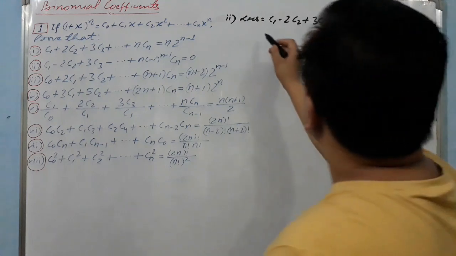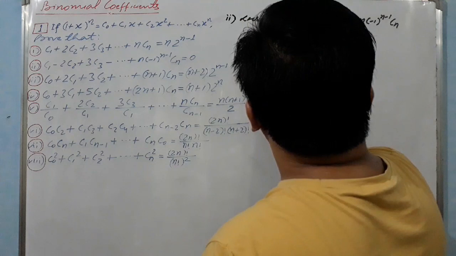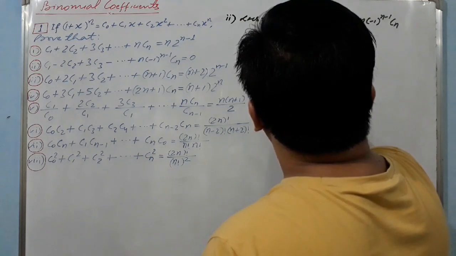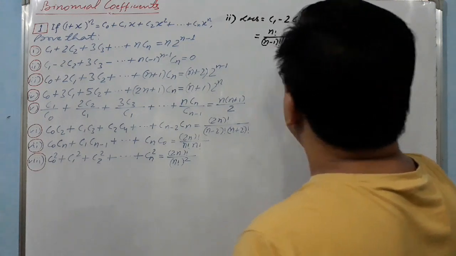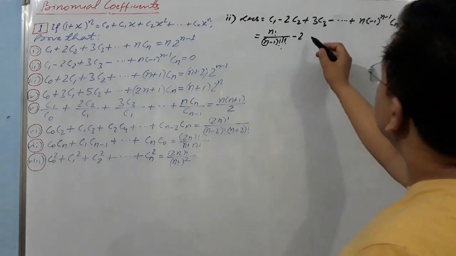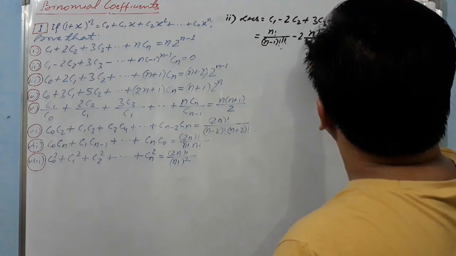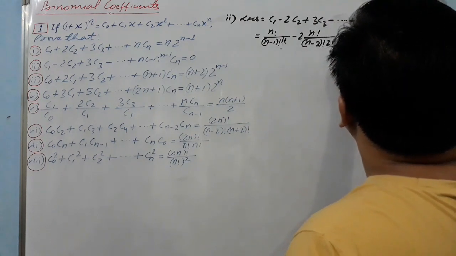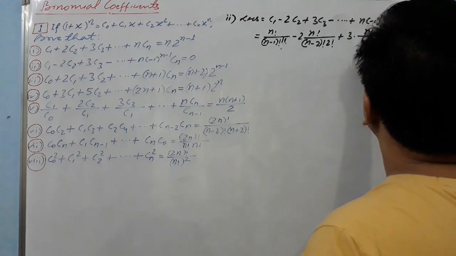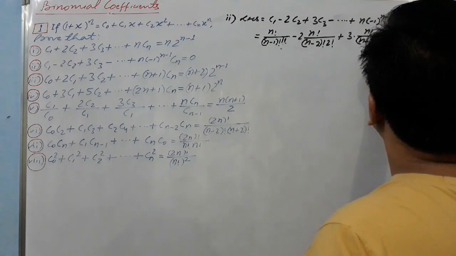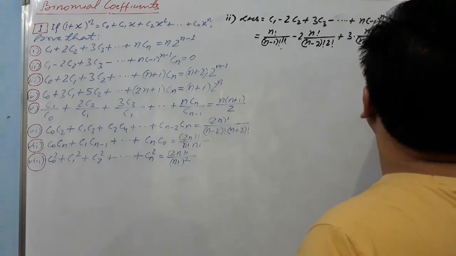See here, same: n factorial over (n minus 1) factorial 1 factorial. Here also I am going to use the formula: minus 2 times n factorial over (n minus 2) factorial 2 factorial, plus 3 times n factorial over (n minus 3) factorial 3 factorial, minus dot dot dot.